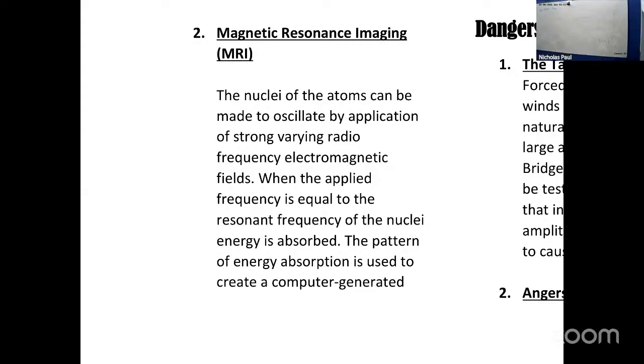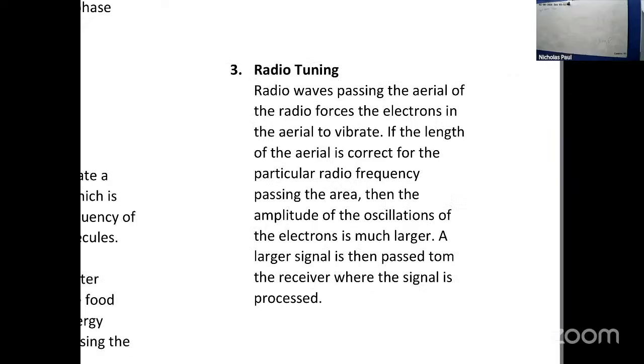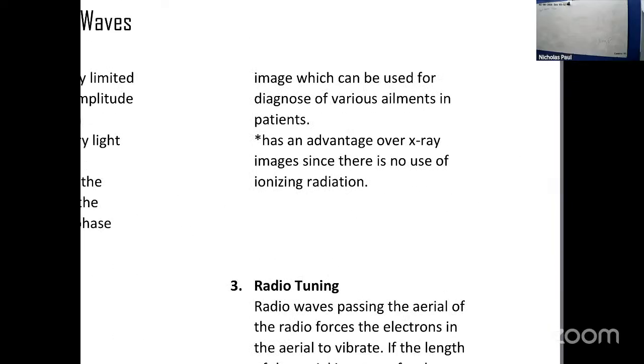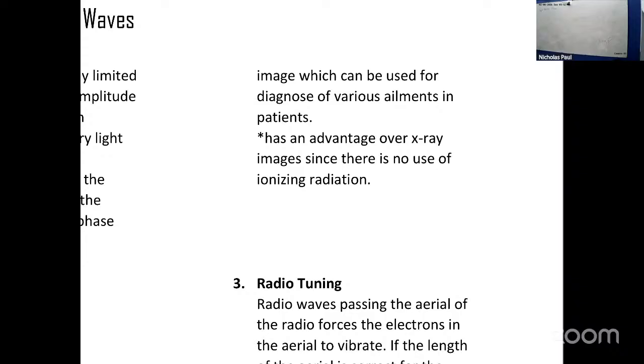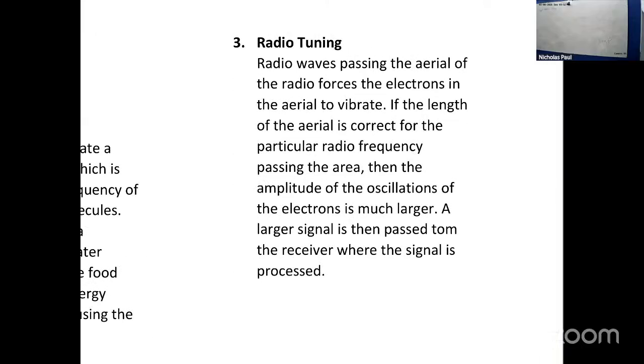When the applied frequency is equal to the resonant frequency of the nuclei, the pattern of the energy absorbed is used to create a computer-generated image, which can be used to diagnose various ailments in patients. It has an advantage over the X-ray, because it doesn't use radiation.